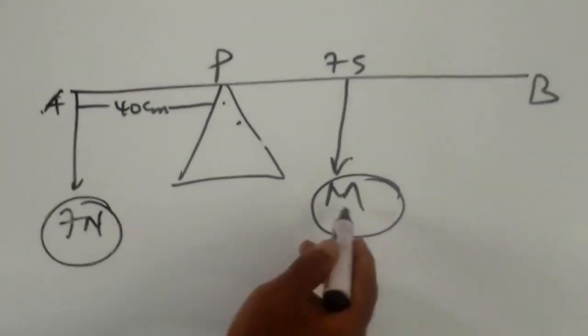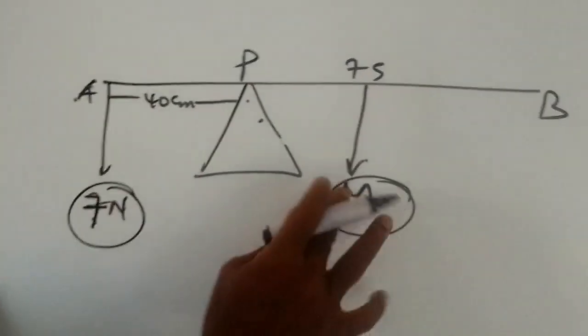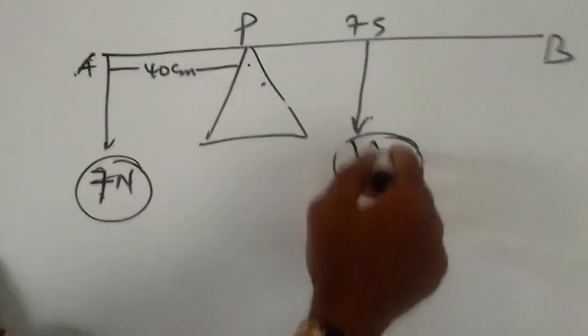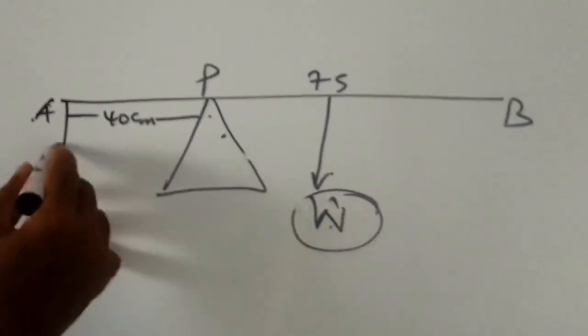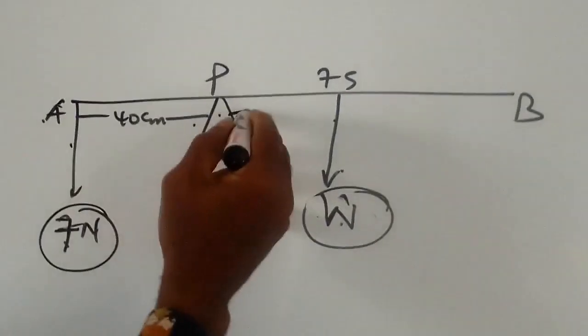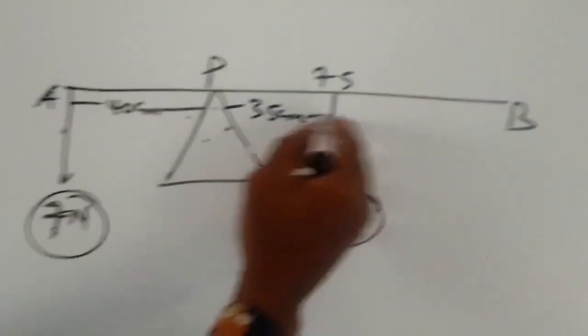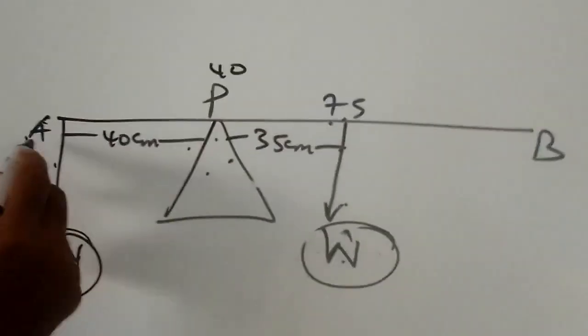Since this force is in Newton, what we have to find first is the weight of the rod. Then afterwards we can convert it to mass. From here to there is already 40. From here to there should be 35, that is 75 minus 40, because this is the 0 end.